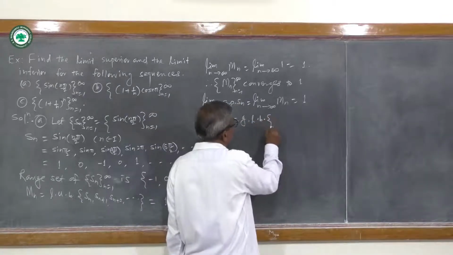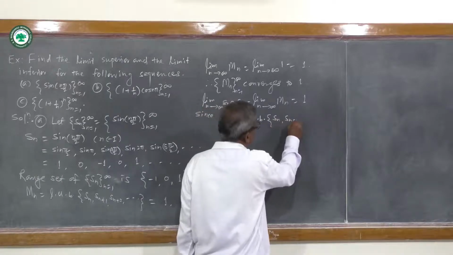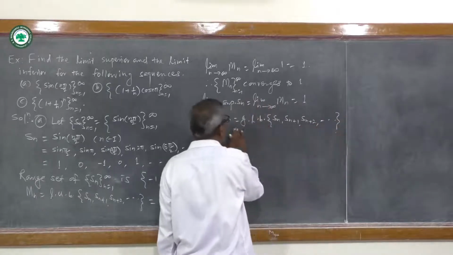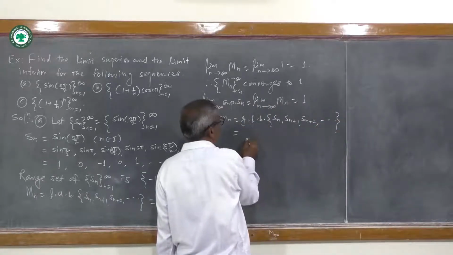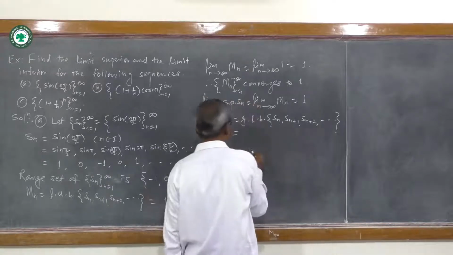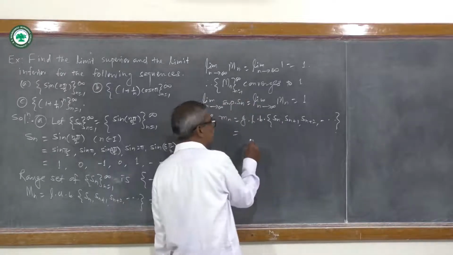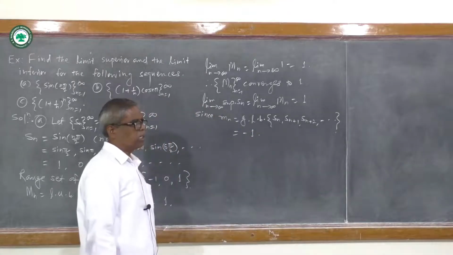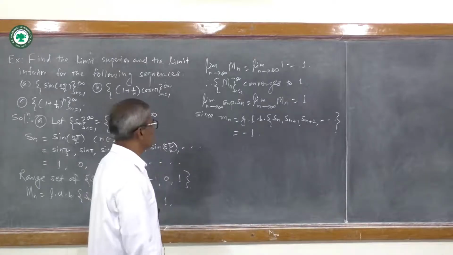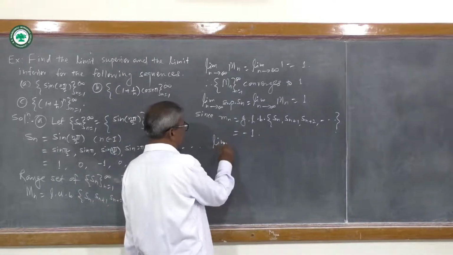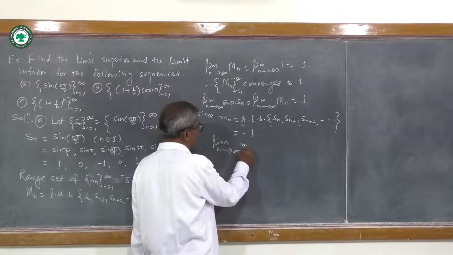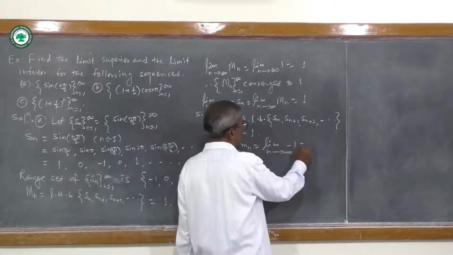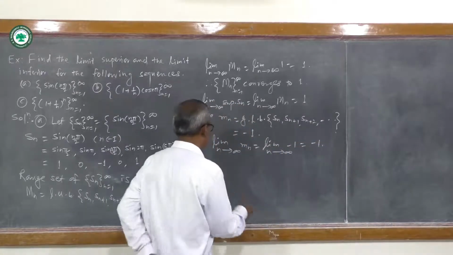The GLB of the set Sn plus 1, Sn plus 2 and so on is the GLB of the range set minus 1, 0, plus 1, that is minus 1. Limit n tends to infinity of small mn is equal to limit of minus 1, which is minus 1.